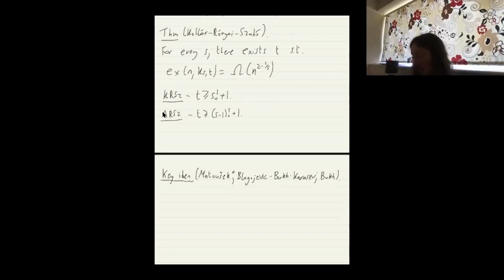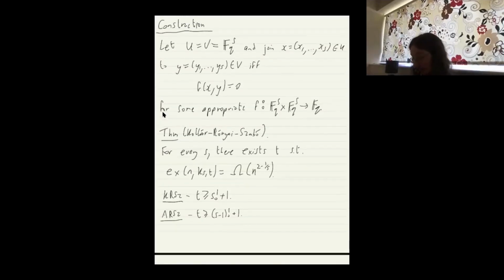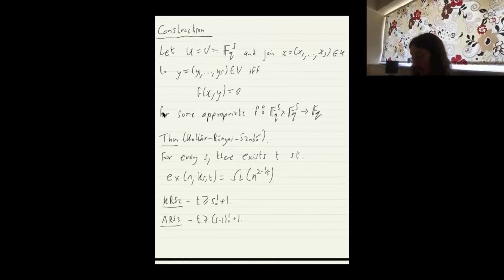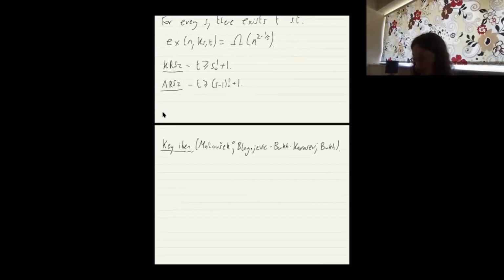And the idea is, in this generic construction where you want to find an f for which this works, it's a good idea to just choose your f randomly. So the key insight is that you can choose f randomly.